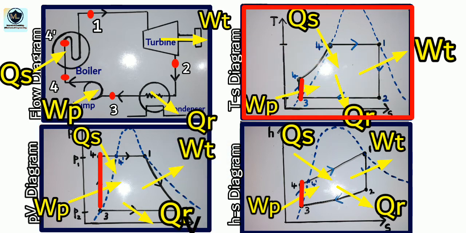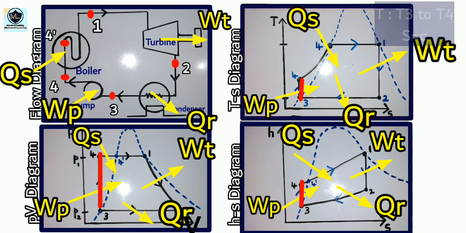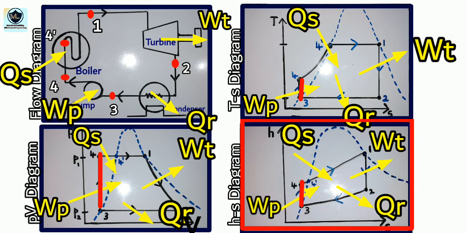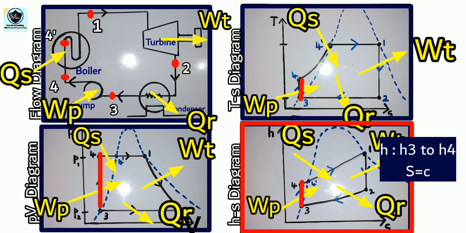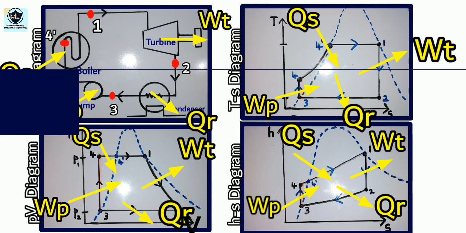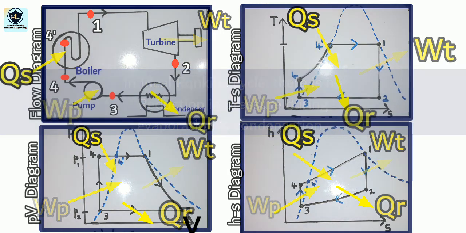In TS diagram, temperature rises from T3 to T4 while entropy remains constant, that is S3 equals S4. Similarly, in HS diagram, enthalpy rises from H3 to H4 and entropy remains constant, that is S3 equals S4. In ideal Rankine cycle, there is no reduction in pressure during evaporation and condensation.